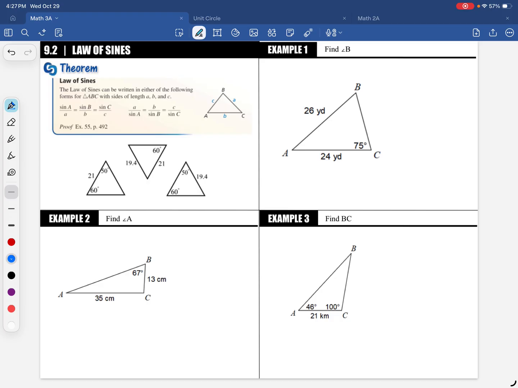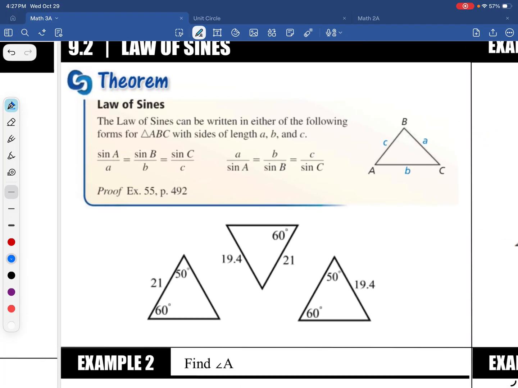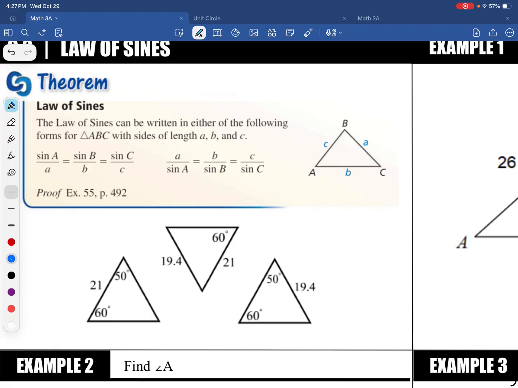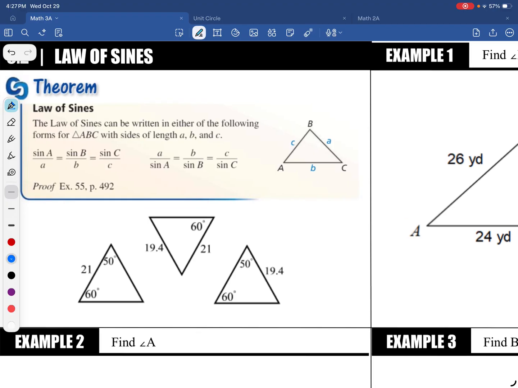It's another awesome trig thing that we can do. The thing that's cool about law of sines is we don't have to have a right triangle to do it. So law of sines lets us solve for different things on the triangle without it being a right triangle. So far you've learned sine is opposite over hypotenuse, cosine is adjacent over hypotenuse, and tangent is opposite over adjacent.